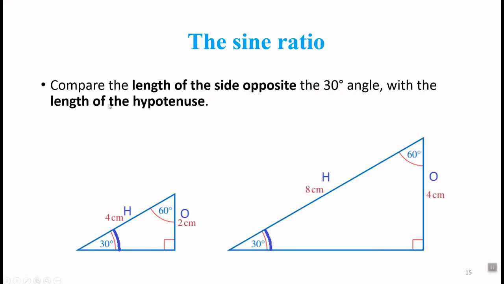The sine ratio. Compare the length of the side opposite to the 30 degrees angle with the length of the hypotenuse. So now we are going to consider the opposite side and hypotenuse in a smaller triangle and a larger triangle.